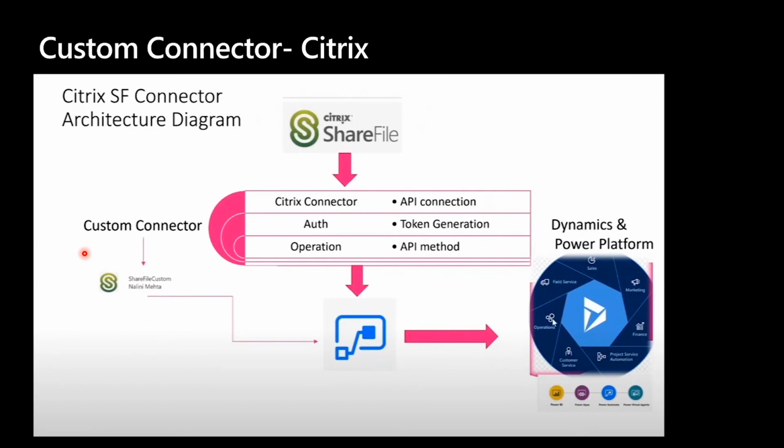Now, with the Microsoft low code platform, where we facilitate our ISVs and partners to create custom connectors, you can put those API connections in, generate those tokens online, and build that connectivity in your app without writing or maintaining a lot of code.